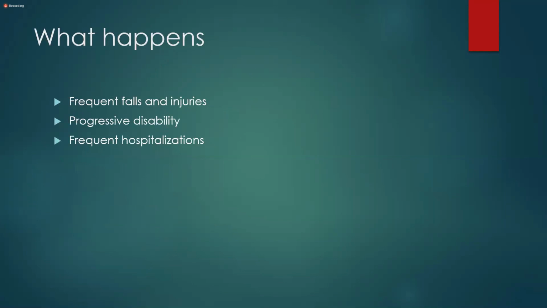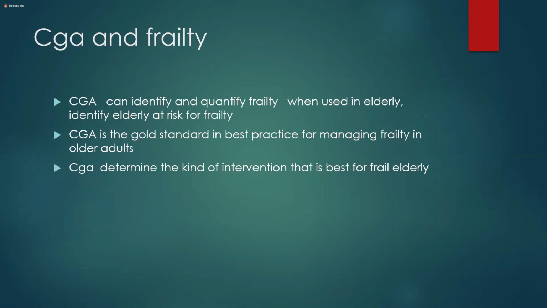Okay. So what happens when an elderly is frail? Palagi siya, the patient will experience frequent falls and injuries, progressive disability, and frequent hospitalizations. Yung palabas-pasok sa hospital. So CGA and frailty are actually related to each other.